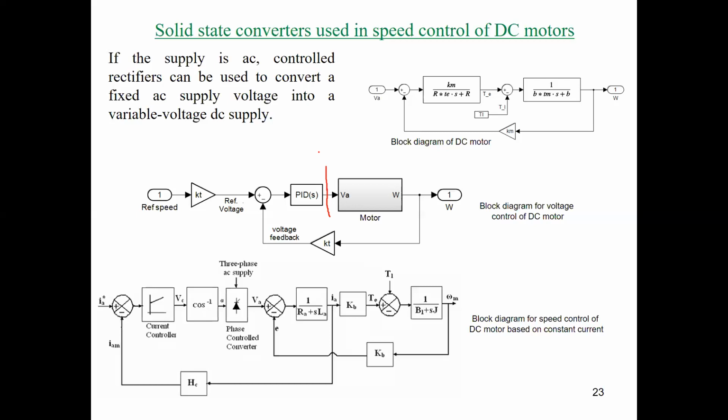The output of the power electronic converter will be the voltage, and the input will be the output of the PID controller, which will be defined in many methods according to the converter used. So this is the idea of controlling the machine speed using voltage control.